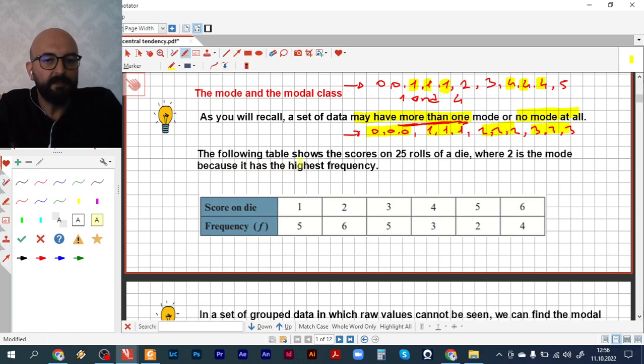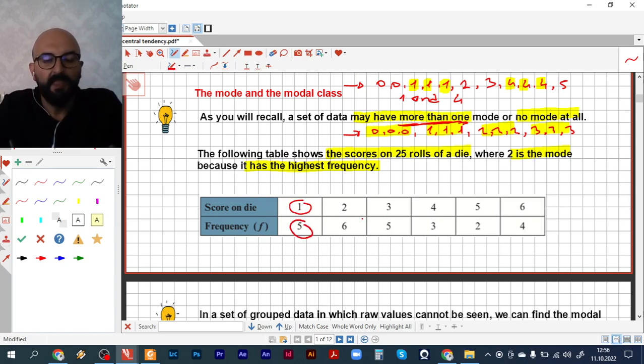The following table shows the scores on 25 rolls of a die, where 2 is the mode because it has the highest frequency. Please pay attention that number 1 comes 5 times, and number 2 comes 6 times, and number 3 comes 5 times.